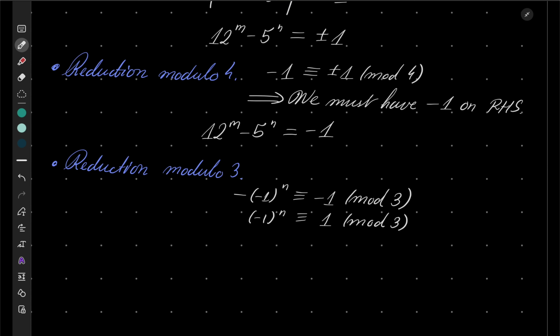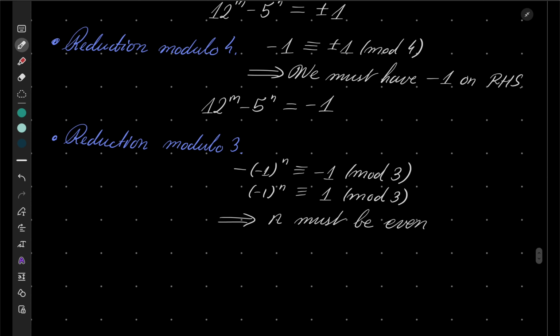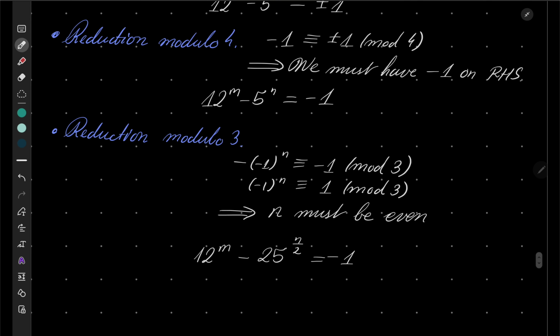Now it's pretty easy to see that n must be even, because it alternates between minus 1 and 1; 1 is congruent to 1, but minus 1 isn't congruent to 1. So now we can write that 12 to the power of m minus 25 to the power n over 2 equals minus 1. And n over 2 is an integer, because n was even.